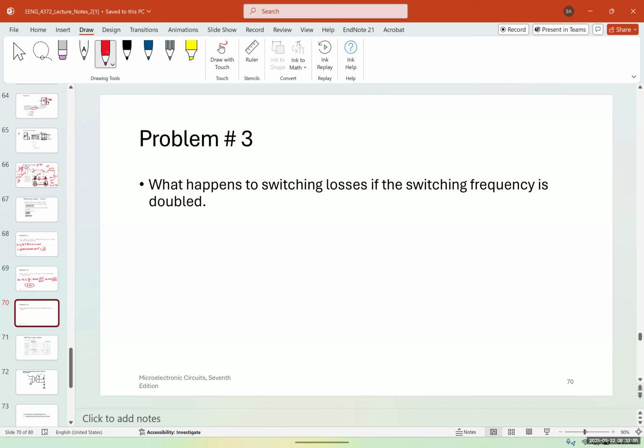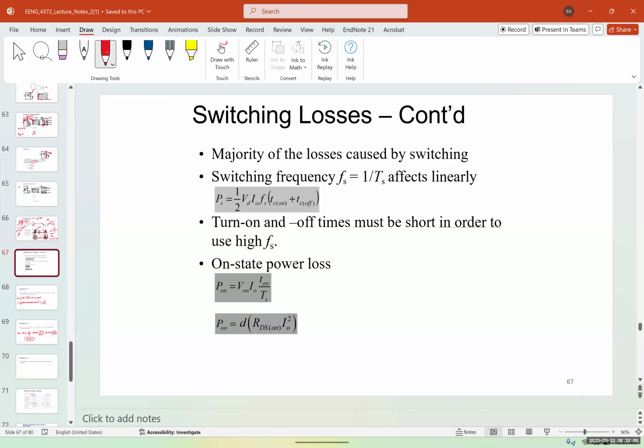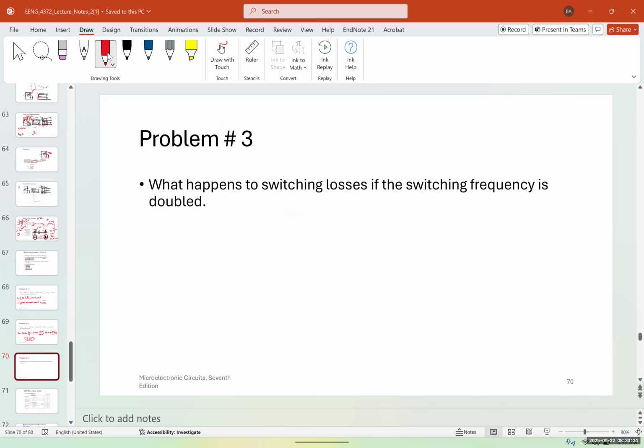Okay. So as mentioned before, there is a linear relationship between the power loss and the frequency.